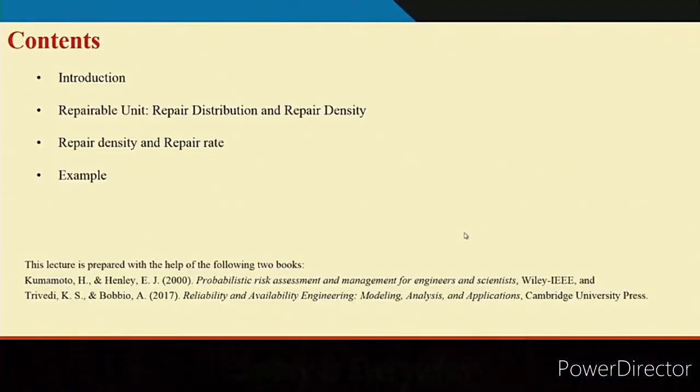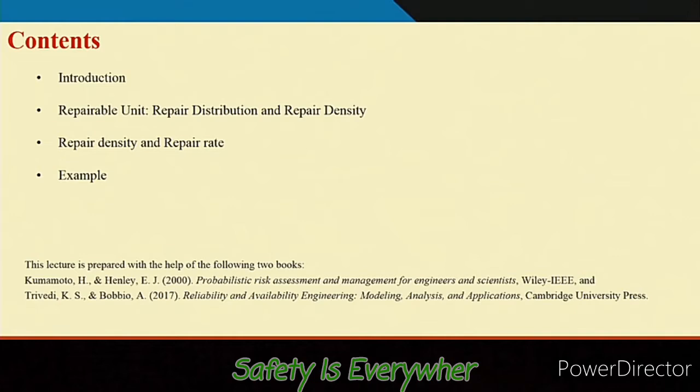So the content is: first the repairable unit, which we will revisit, and then the repair distribution, repair density, and repair rate, all of which may be analogous to failure distribution, failure density and failure rate. Then we will discuss a hypothetical example of how to compute all those parameters, and also we will discuss mean time to repair.